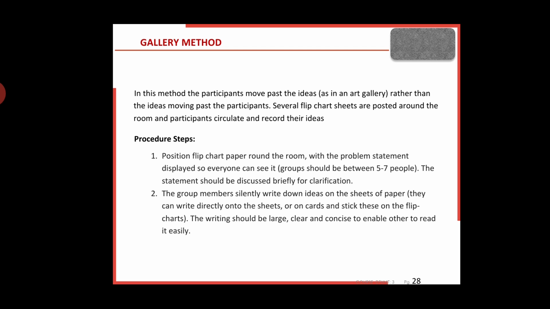Several flip chart sheets are posted around the room and participants circulate and record their ideas. Exactly.